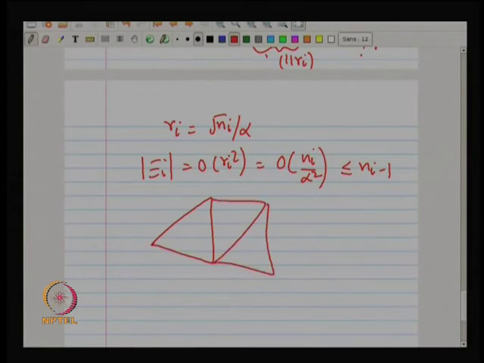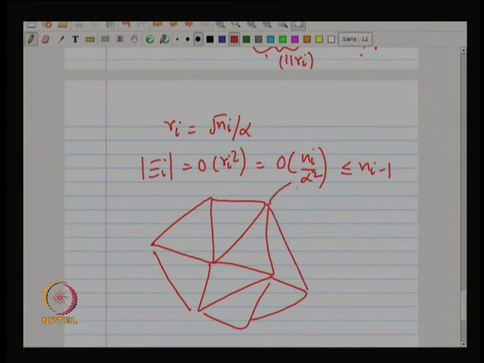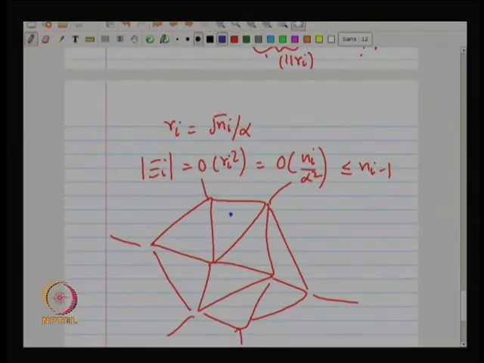So here is a cutting, and then you have some unbounded triangles. Now, the number of triangles is at most n I minus 1, and the number of points is n I. It means there is one triangle that contains at least 2 points. By the pigeonhole principle, because n I points are lying inside n I minus 1 triangles, there has to be at least one triangle that contains at least 2 points.